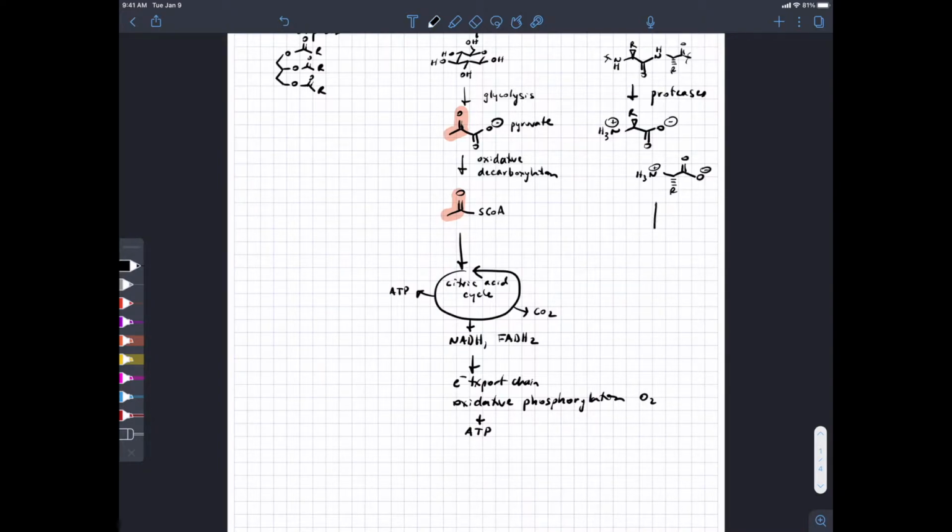There are other metabolic pathways that convert these amino acids into acetyl-CoA. We will not talk about those pathways, though I think most of them are really well understood, and if you want to know more about them, you can simply look it up.